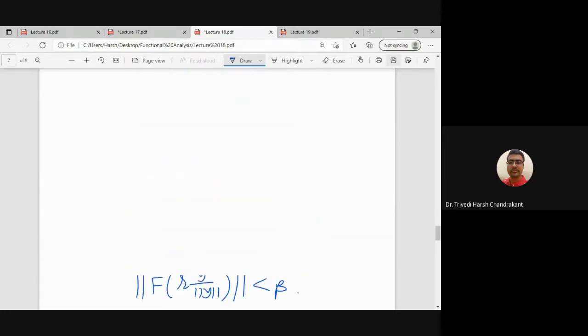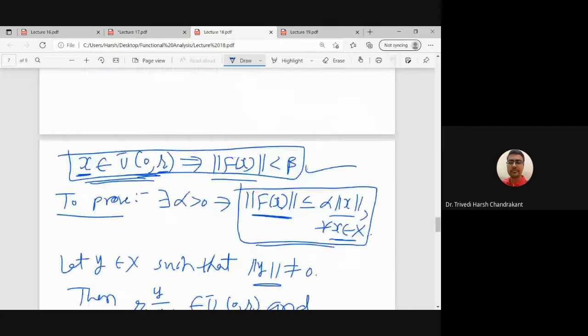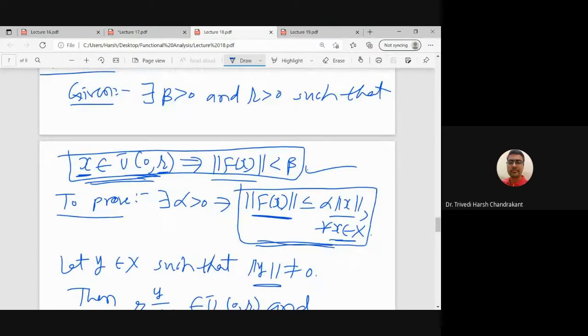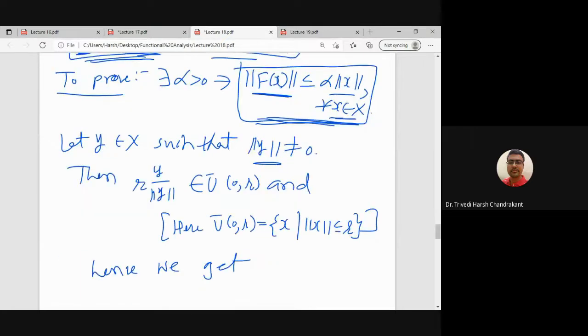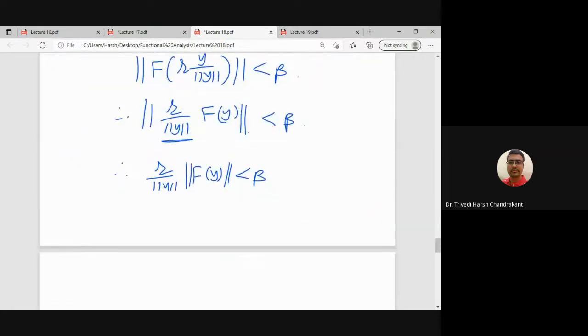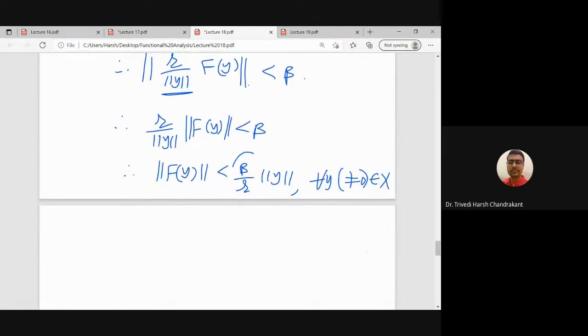Right, so what we were looking for was some positive alpha so that this condition is satisfied, and we got this condition for this particular alpha.